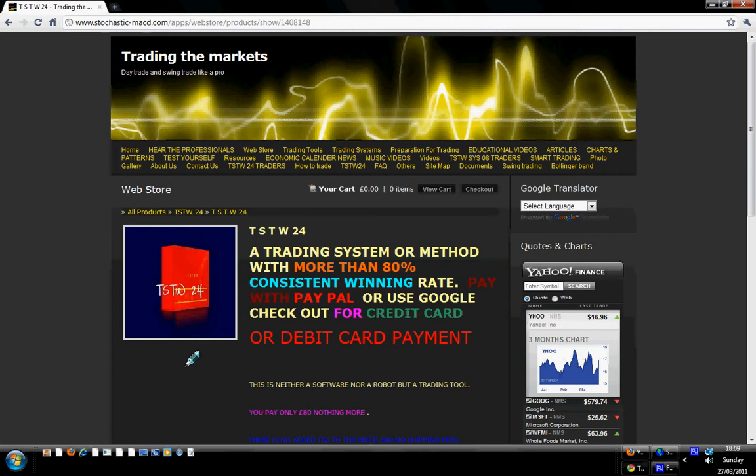So there is a lot put into the TSTW24. Even though it looks like a very simple trading system, it's a very powerful tool. If a trader is smart enough and looks deeply, you will find more information hidden in every indicator of the TSTW24 trading system.